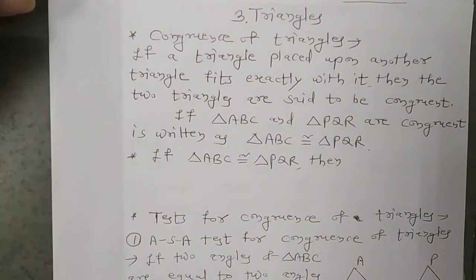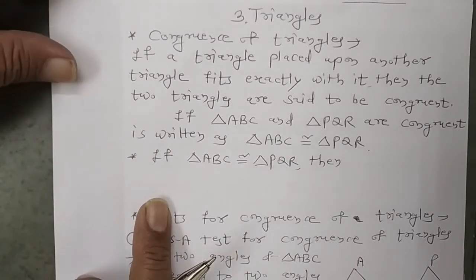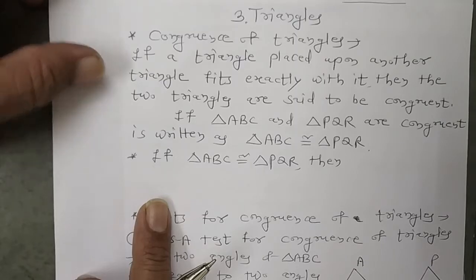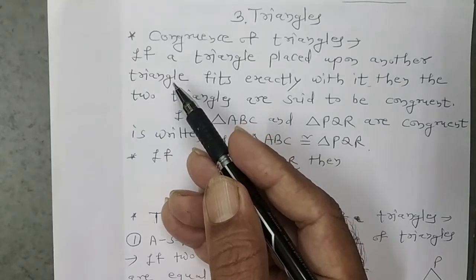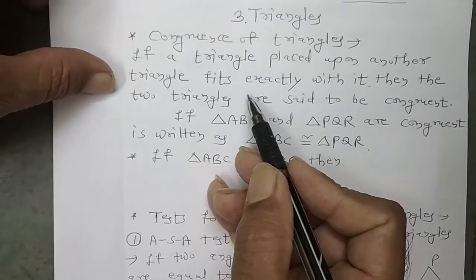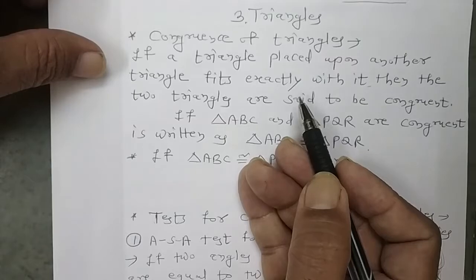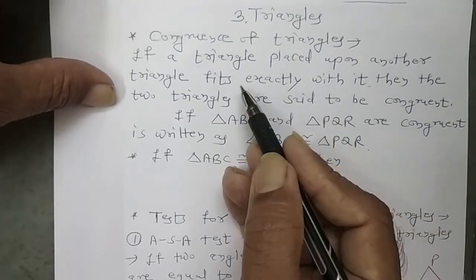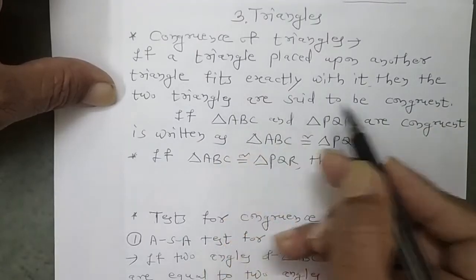Today we are going to learn the next topic, that is congruence of triangles. First we see what is congruence. If a triangle placed upon another triangle fits exactly, that is, the two triangles are exactly the same, then the two triangles are said to be congruent.